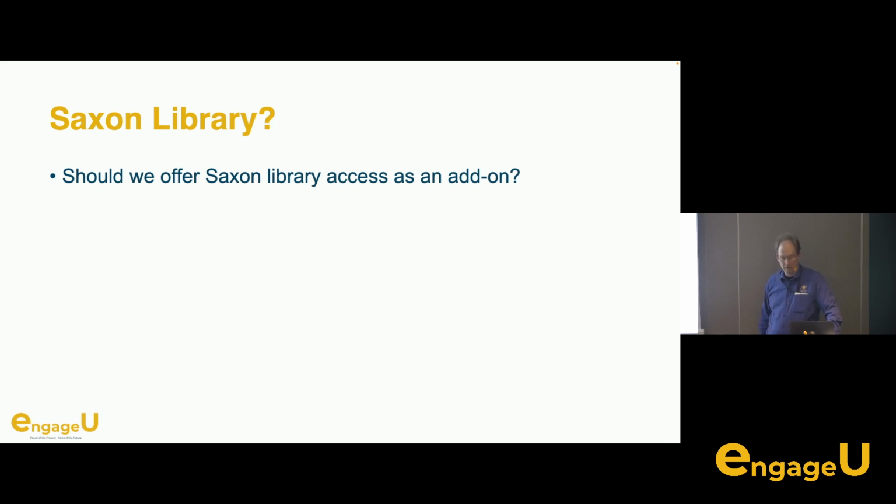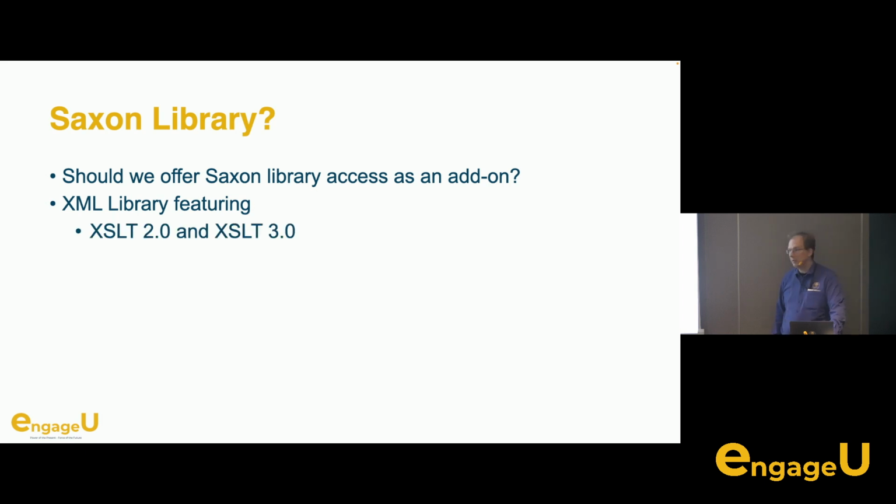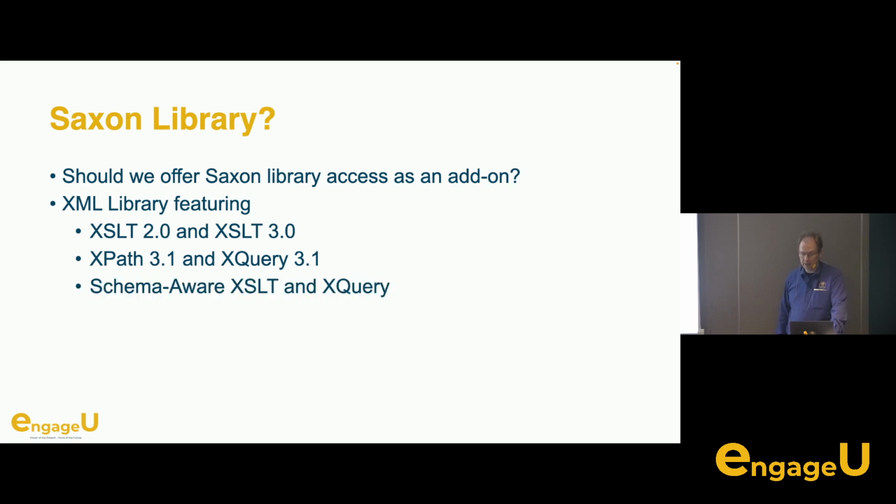Then we have the idea to maybe use the Saxon library in the MBS plugin. I'm not sure if any one of you does a lot of XML processing. It's a commercial XML library which can do XSLT 2, XSLT 3, XPath 3. It can do schema-aware queries.